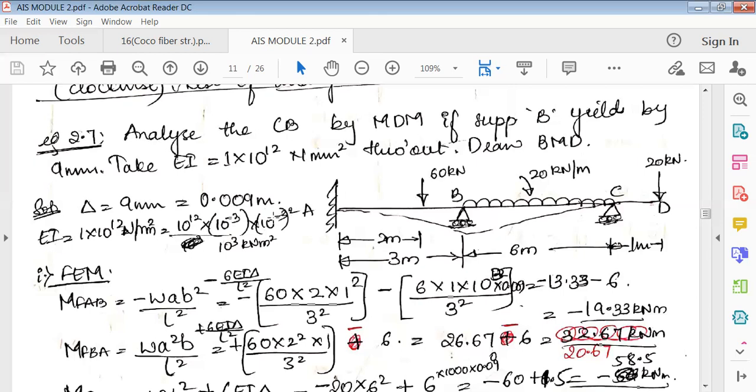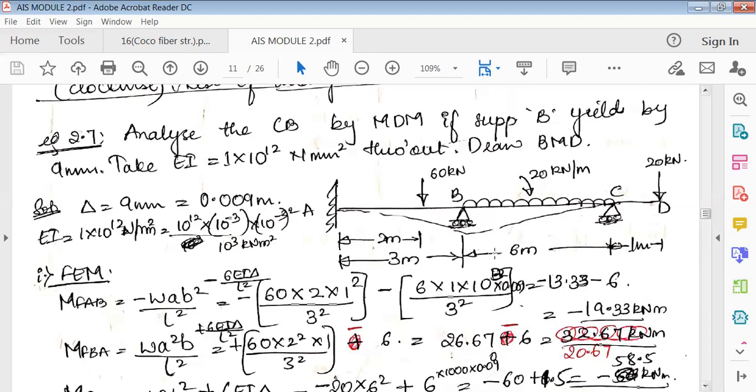Three twos are 6, so it's 12 minus 3 minus 6, which is 12 minus 9. So it is 10 to the power 3 kilonewton meter square. This is the EI value we have to use.